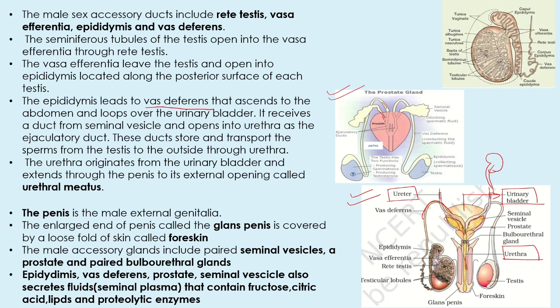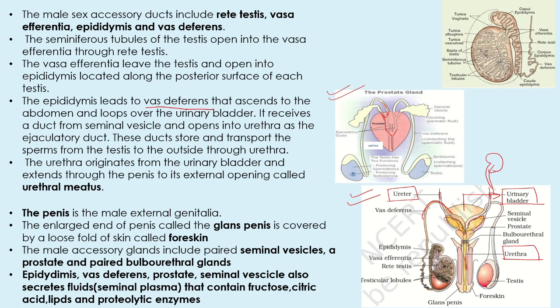These two actually merge to form the ejaculatory duct. It's clearer in this picture. Now the ejaculatory ducts, one on each side, merge to form the urethra, a common passage. I will be showing you a video later which will make it clearer.